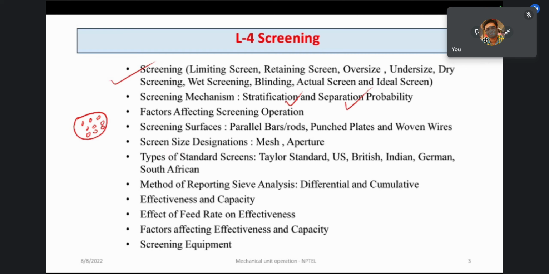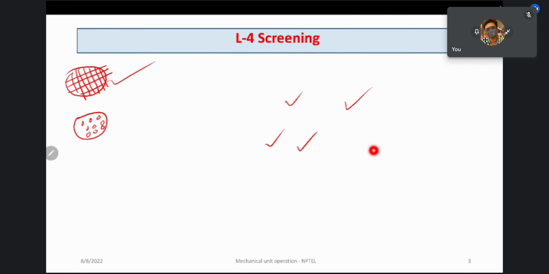Or you can say punch plates, or parallel bars and rods. Then these kinds of meshings are there. So there are many types of screening. This is the screen size designation, which will be in mesh and aperture. We will discuss it in this lecture. The professor said this very well.